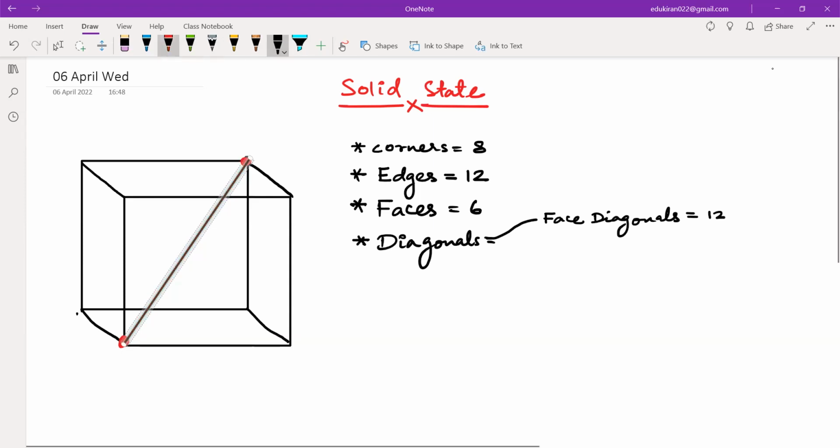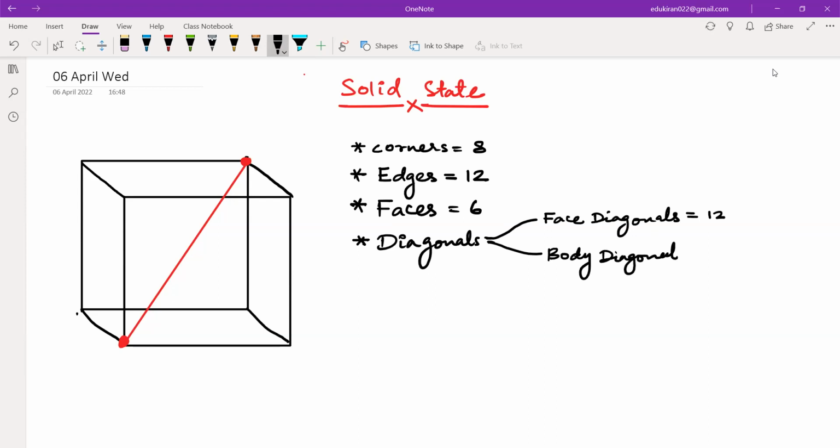So we can have body diagonals also, and since we are joining corners, with 2 corners I get 1 body diagonal. So with 8 corners I will get 4 body diagonals. Is that right? Yes or no? Yes. Correct.